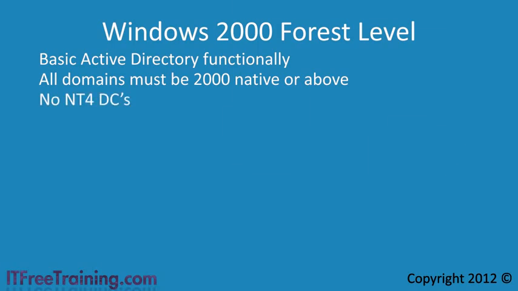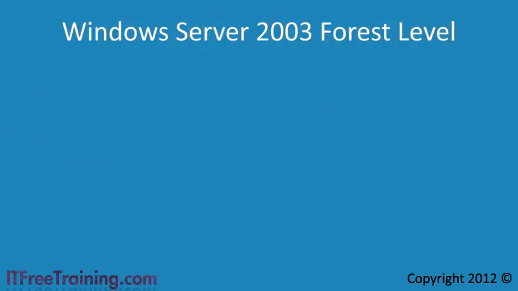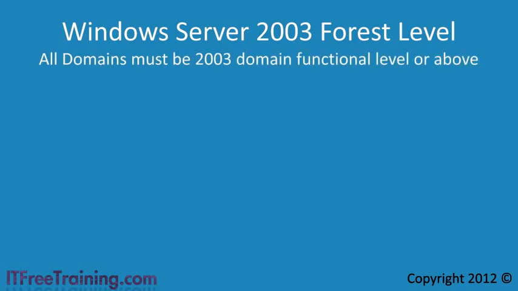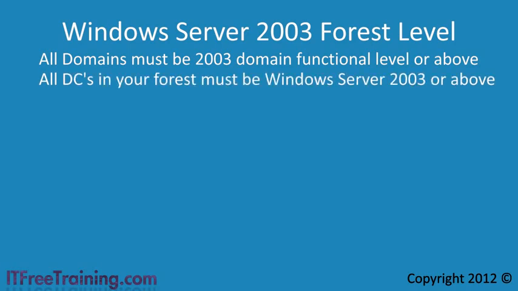The next forest functional level is Windows Server 2003. In order to raise your forest level to Windows Server 2003, all your domains in your forest must be domain functional level Windows Server 2003, which means that all of your domain controllers must be Windows Server 2003 or above.